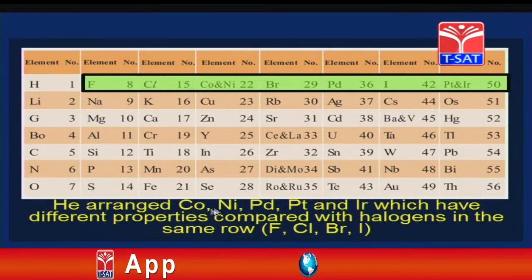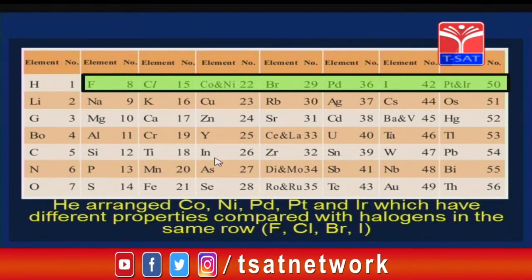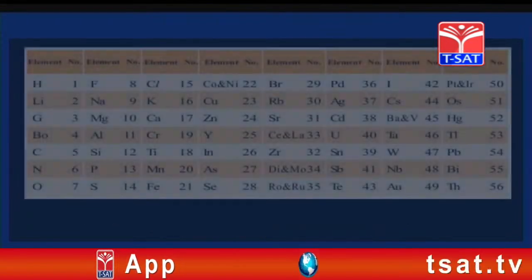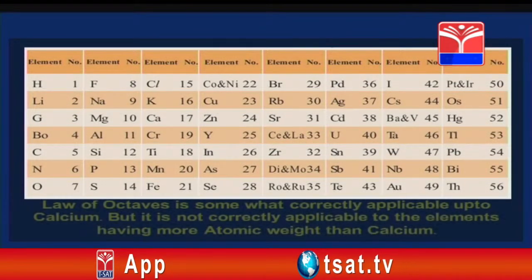Cobalt, nickel, palladium, platinum and iridium have different chemical properties. We should not incorporate them like that. Elements having dissimilar chemical properties cannot be grouped together. It is the main limitation in Newland's law of octaves.